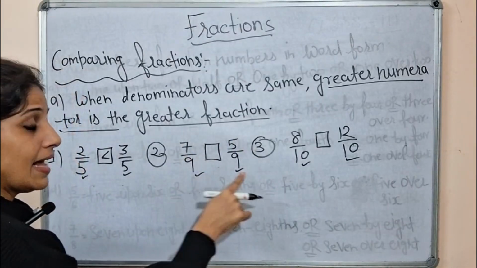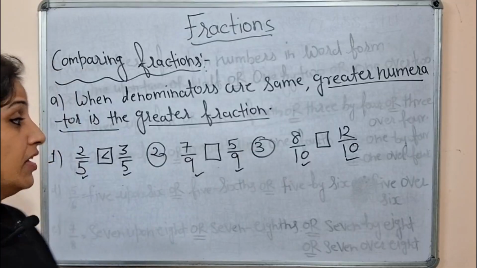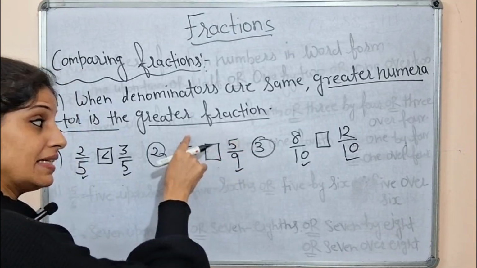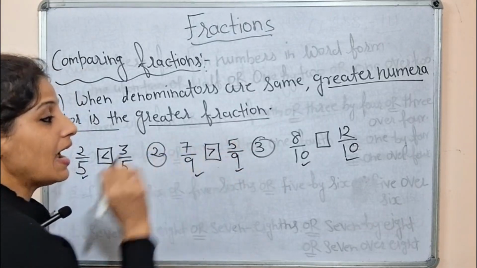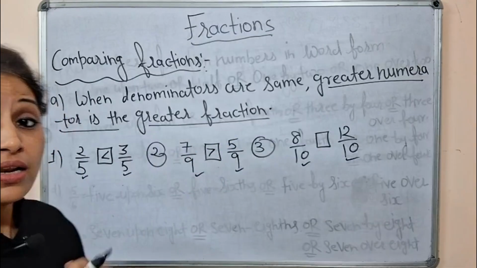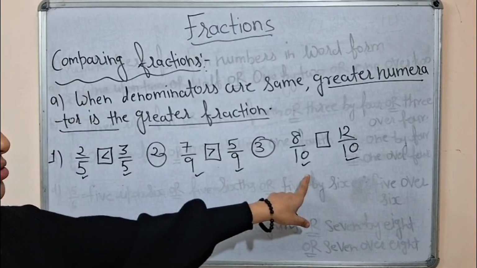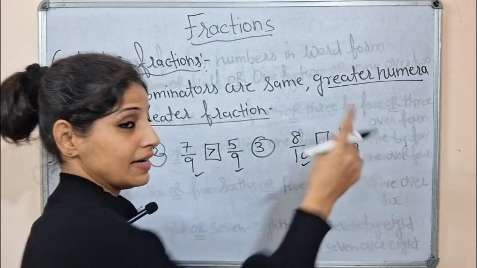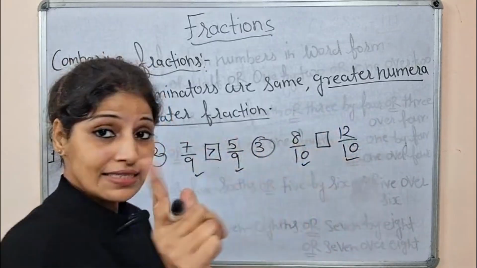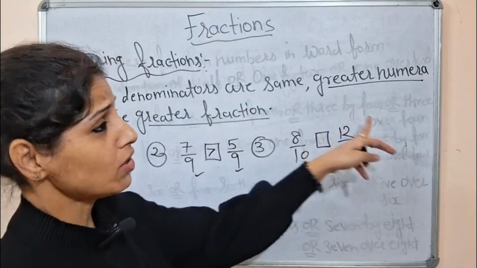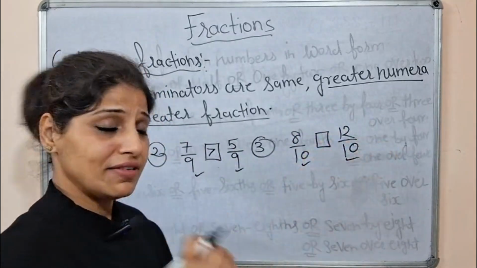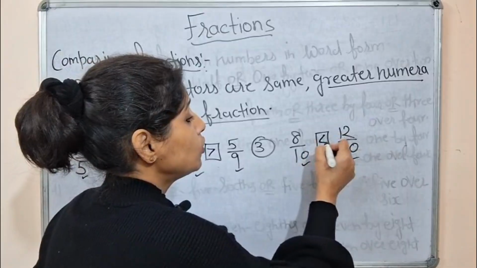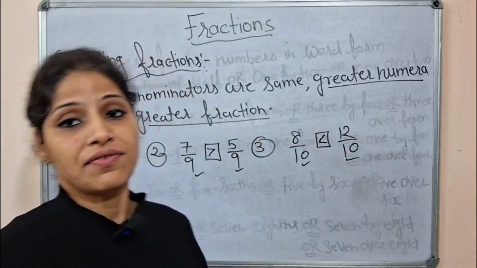So 9 and 9, denominators are same. So 7 and 5, 7 is greater. So 7 upon 9 is greater than 5 upon 9. Moving on to the third part, 8 upon 10 or 12 upon 10. Again, our denominators are same. So 8 is greater or 12 is greater? Obviously, 12 is greater. So 12 upon 10 is the greater fraction.